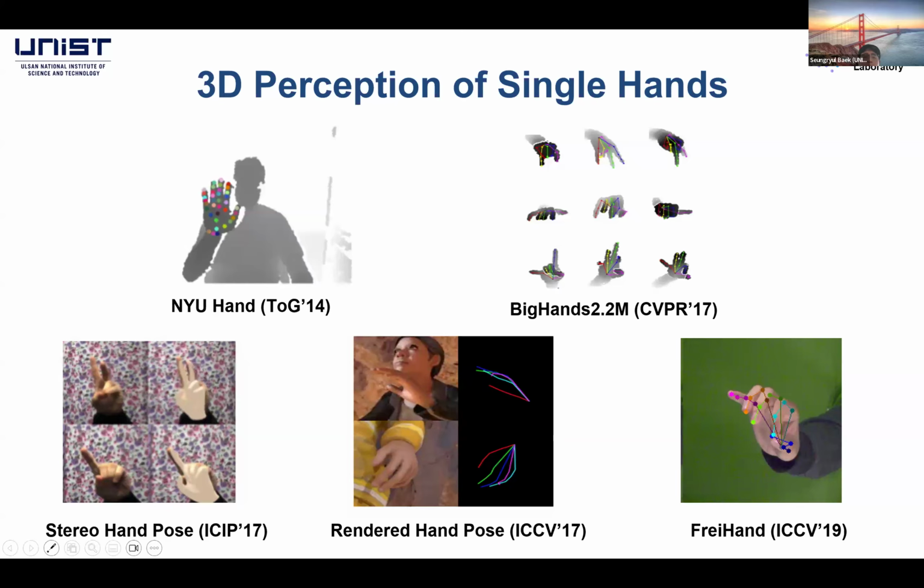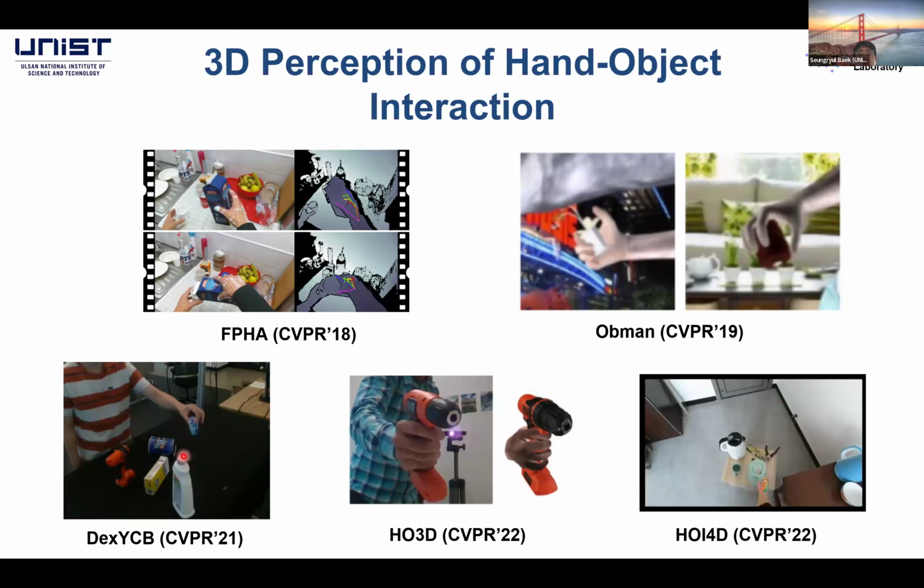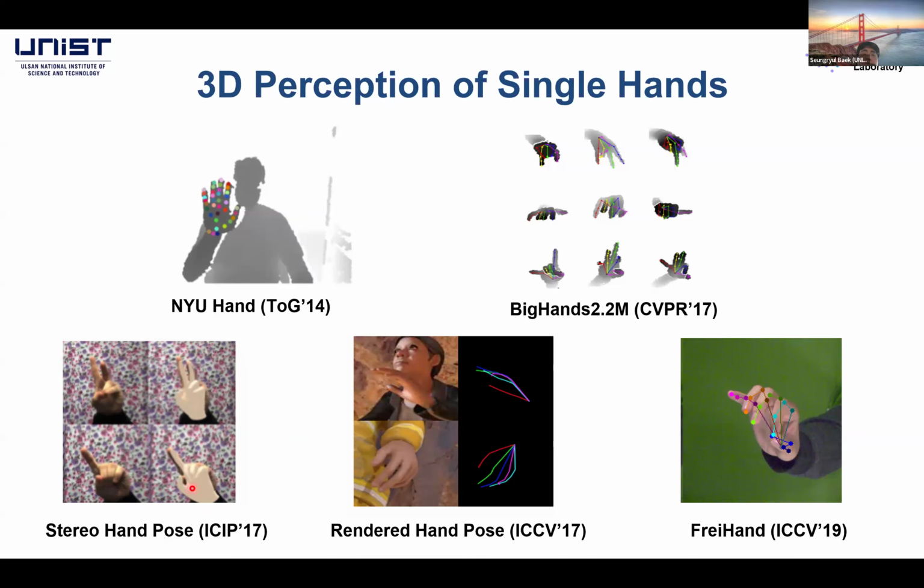And the other trend is that people are estimating meshes rather than skeletons. And later, thanks to deep learning, this type of single hand pose estimation has matured. So deep learning works very well for this type of single hand pose.